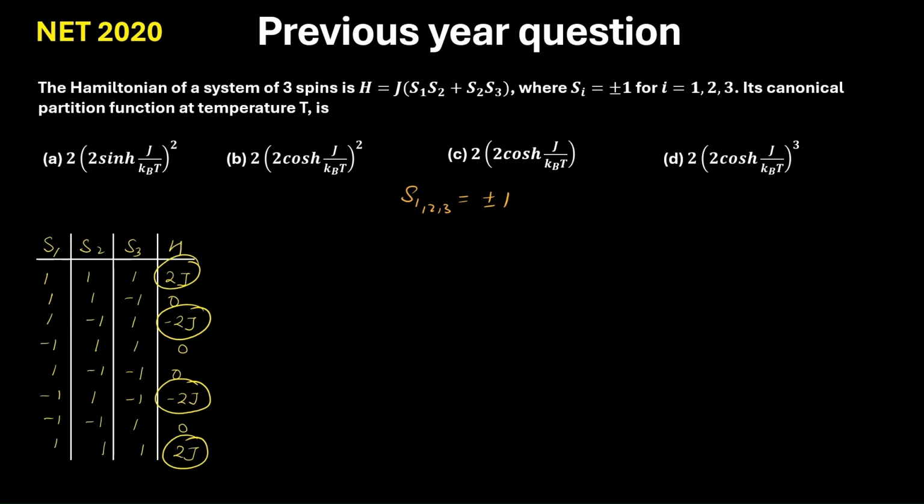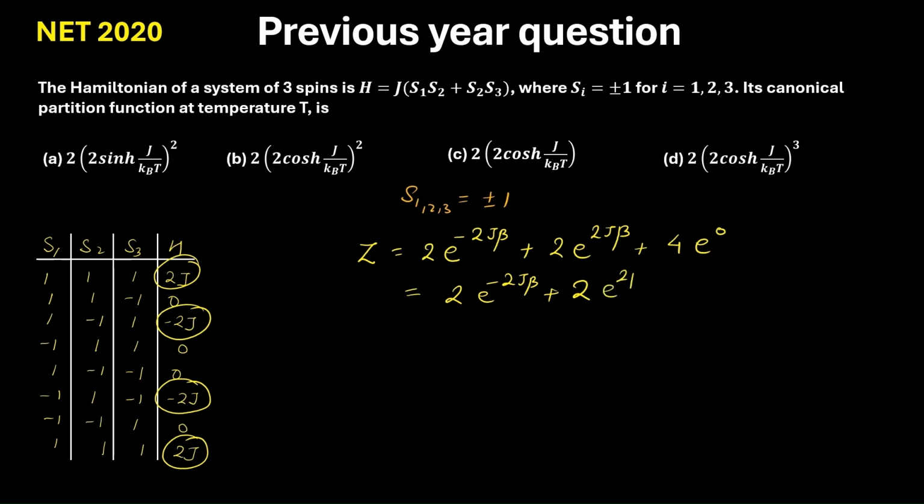We can write the partition function as Z equal to 2e to the power minus 2J beta plus 2e to the power 2J beta plus 4 times e to the power 0. So this is 2e to the power minus 2J beta plus 2e to the power 2J beta plus 4.